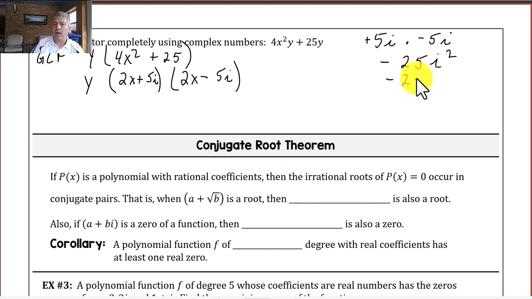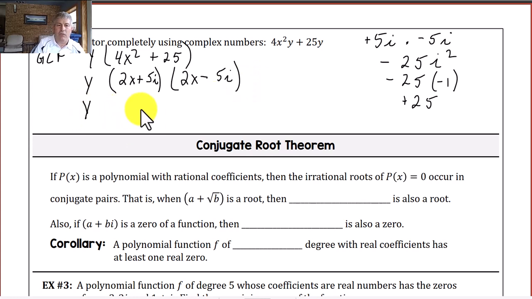So that's negative 25 times negative 1, which is positive 25. So when we do this as a difference of two squares and use imaginary numbers, we have now factored a sum of two perfect squares, but our b term here has to be imaginary. So we have successfully factored this using complex numbers.